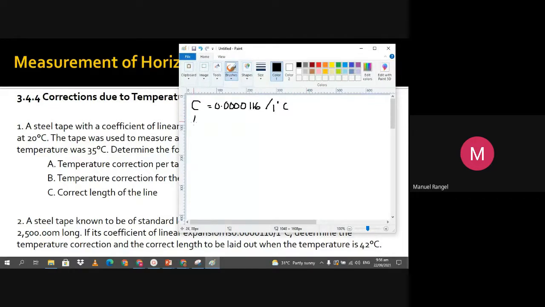Then the temperature is 35 degrees Celsius. TS is 20.